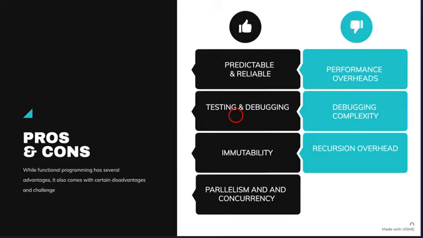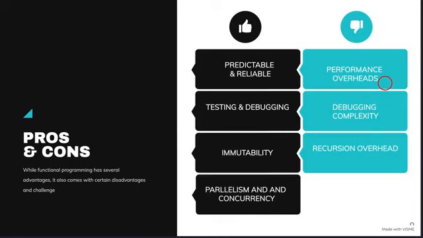And talking about immutability, avoiding mutable data reduces bugs and simplifies code maintenance. And parallelism and concurrency: functional code is well suited for parallel and concurrent programming, making it efficient for modern hardware. Coming to disadvantages, we have performance overheads.